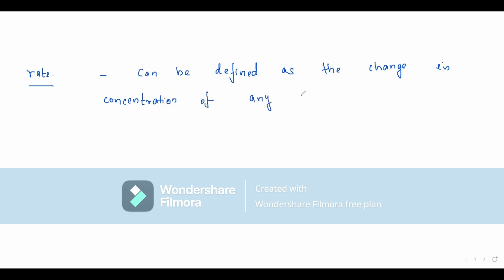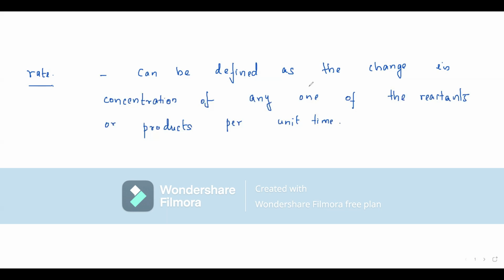Rate of a reaction can be defined as the change in concentration of any one of the reactants, or change in concentration of any one of the products, per unit time.